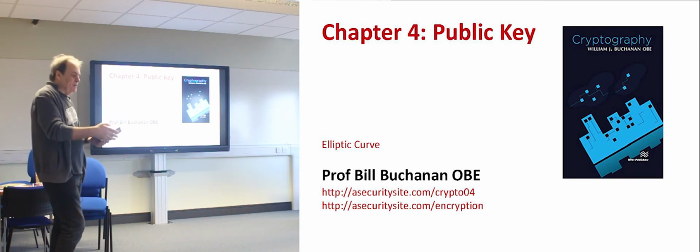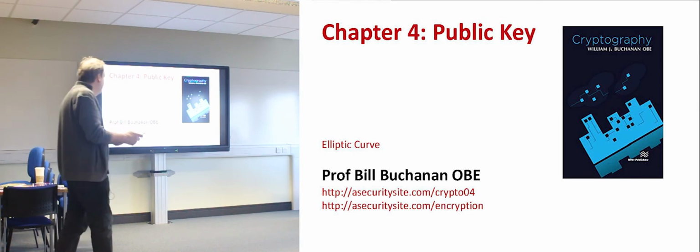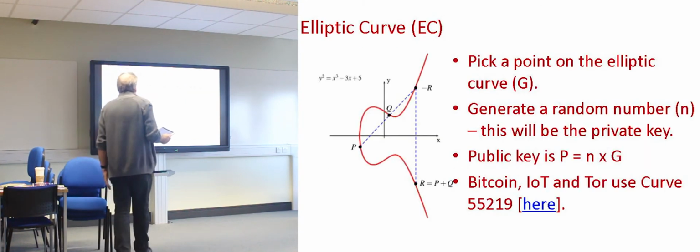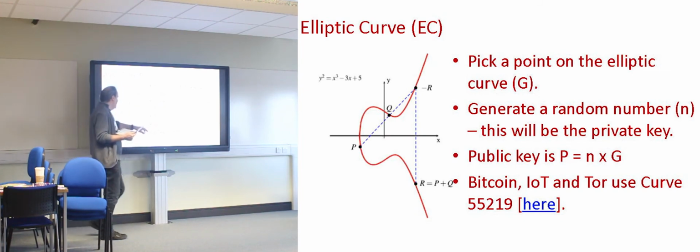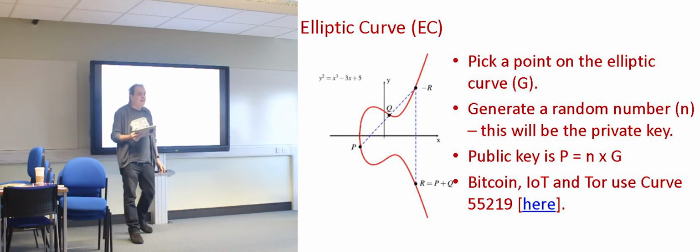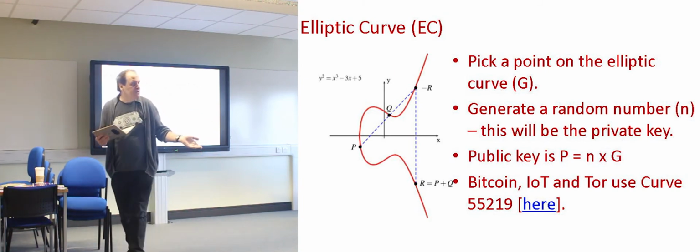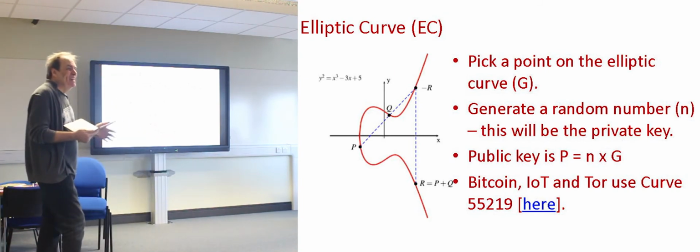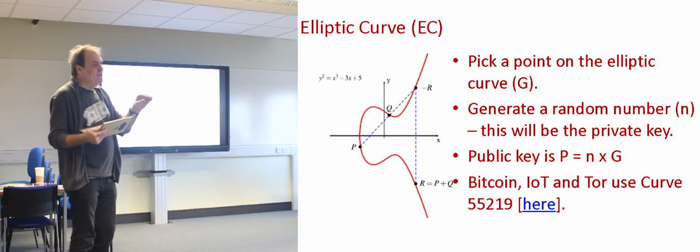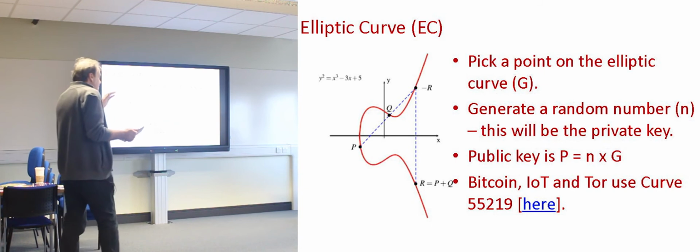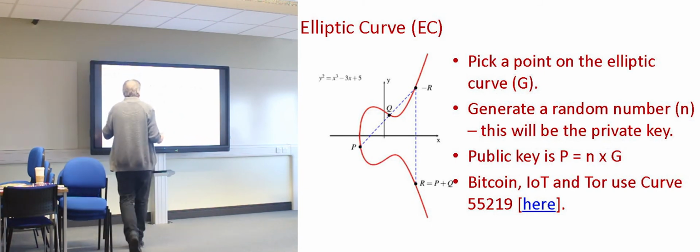Many products now support elliptic curve public key. So it's used in Bitcoin, Tor, IoT, and it uses this curve here. So the other curve that's pushed through the standards agency isn't recommended, and very few people use it. There's another curve there, it's not really used.